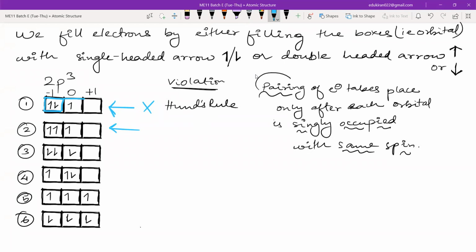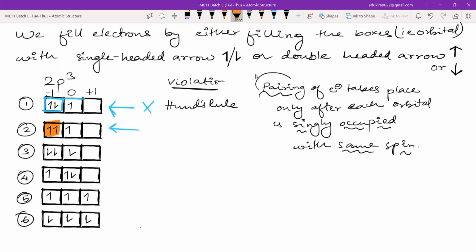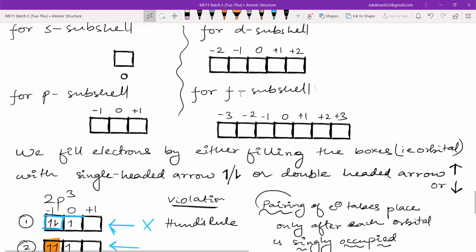The second one is wrong. It has one more problem: this particular orbital has 2 electrons with the same spin. But what did Pauli say?